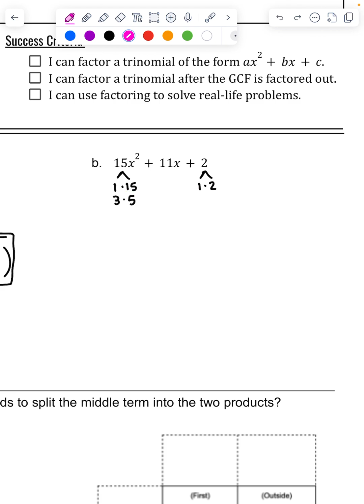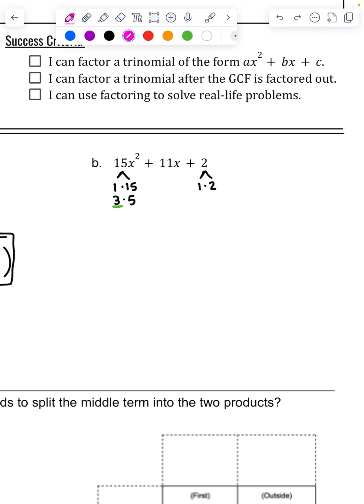So maybe I should try the other way. Maybe I don't want the 1 and 15. Let's try the 3 and the 5. If I do 3 times 1, I get 3. And then if I try 5 times 2, I get 10. That didn't work, did it?